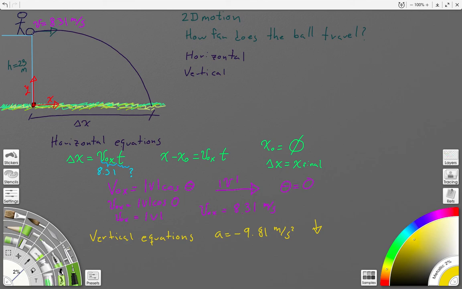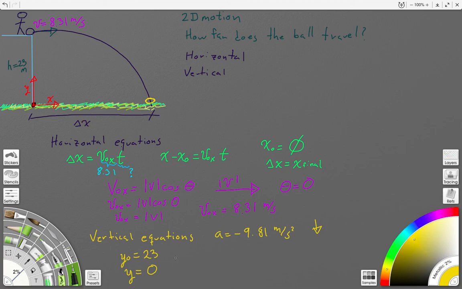We know that the ball traveled vertically from this point to this point right here. So we know that my initial position of the ball was at 23 meters above ground, above my origin, and my final position of the ball is exactly at my origin, right? It traveled from here all the way to here.